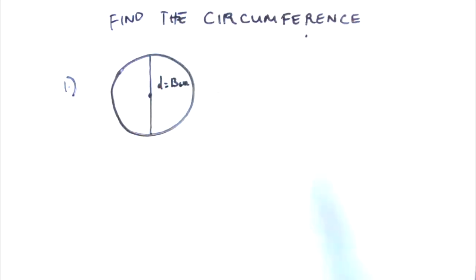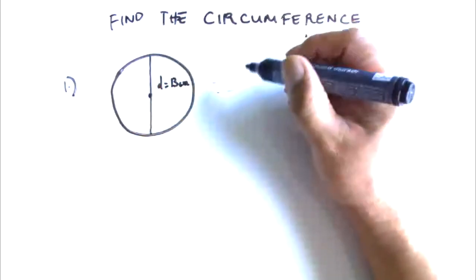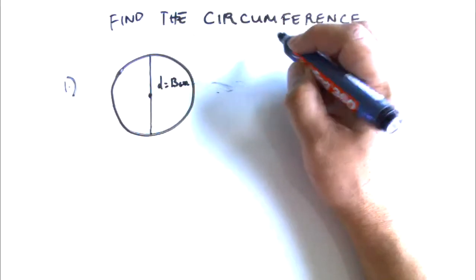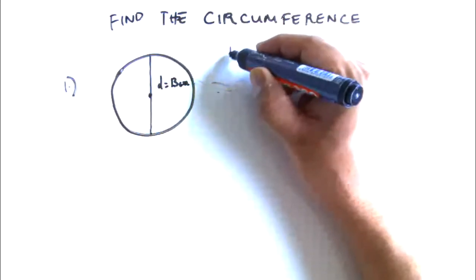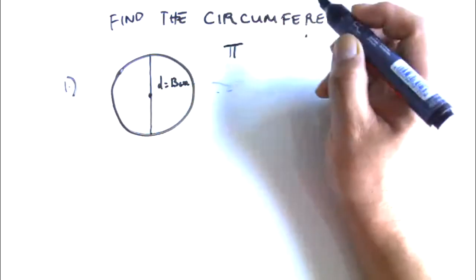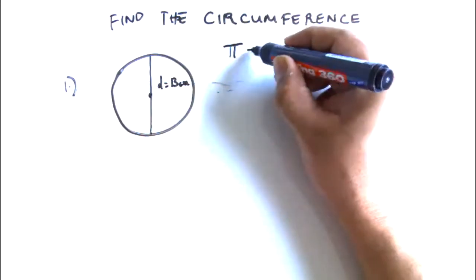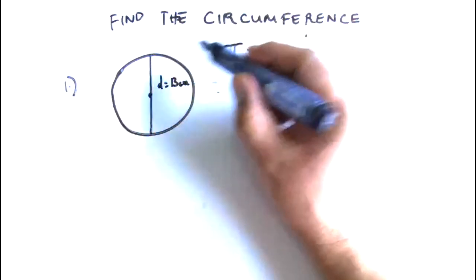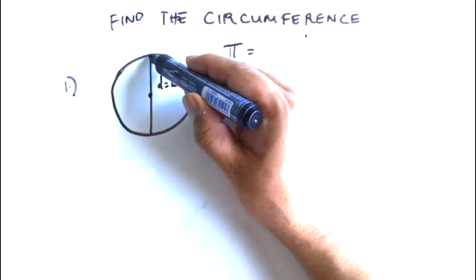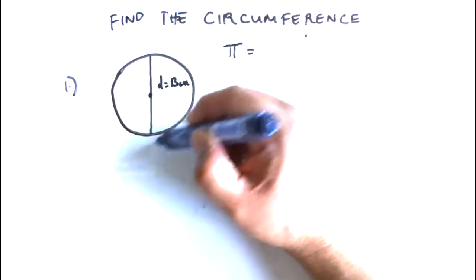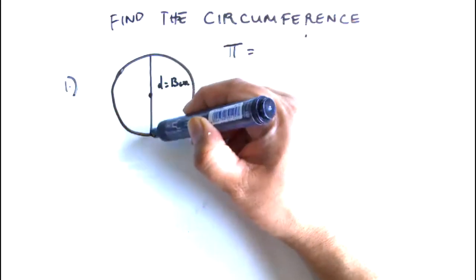Now, a quick recap from our previous lesson is what is pi? This idea of pi. And you did this as an exercise. So pi is really the relationship of the length of the circle to the diameter.